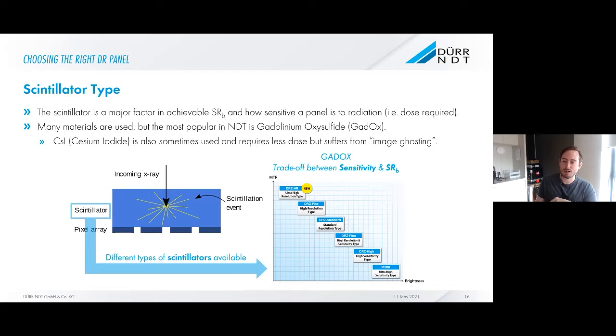That's why it says brightness here. So you can't have really high resolution and high sensitivity, unfortunately, at the same time. So you need to actually choose your scintillator based on your application. Maybe if you were using isotopes, you would use the plus. If it was X-ray, maybe fine or ultra high resolution. So just be aware, there are different types of scintillators, and they do perform differently.